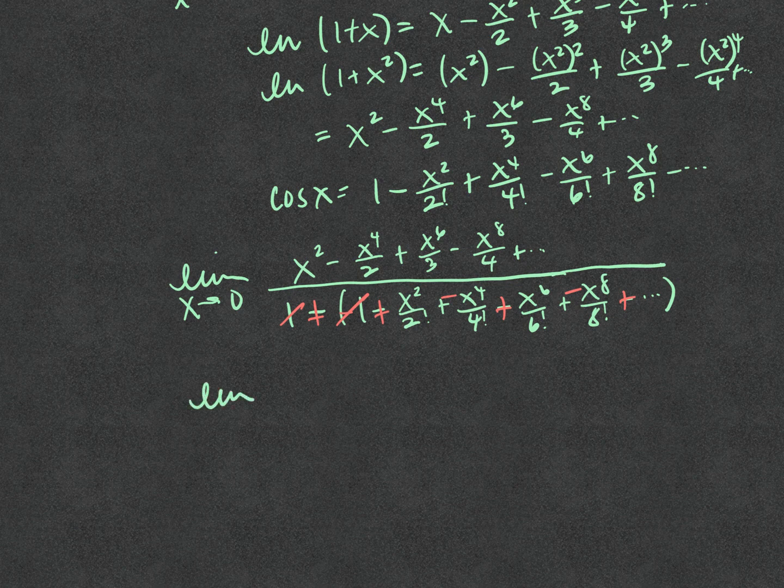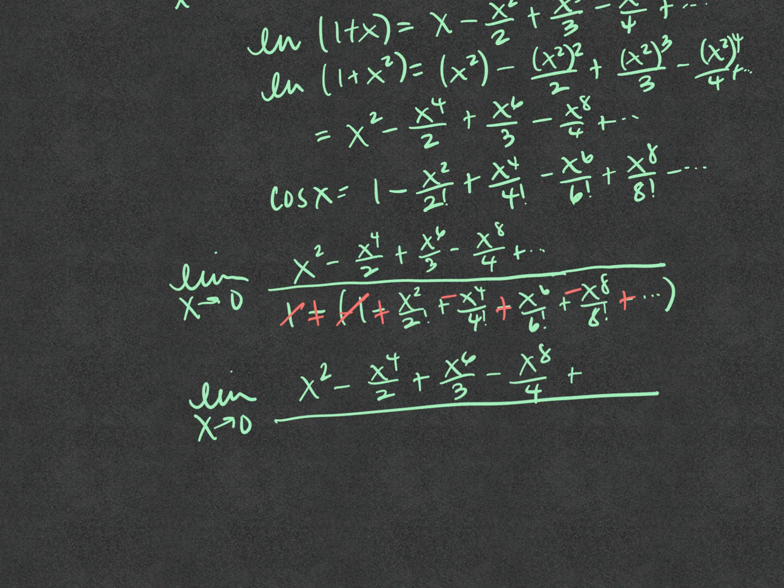We could skip that step, but I want to make sure that you understand why it happened. So now we have the limit as x approaches 0, and we have x squared minus x to the fourth over 2 plus x to the sixth over 3 minus x to the eighth over 4 plus dot dot dot.